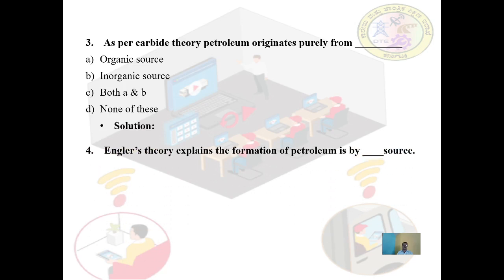Fourth one, Engler's theory explains the formation of petroleum from dash source. Options are A. inorganic source, B. organic source, C. either A or B, and D. none of these. Right answer is option B, organic source.